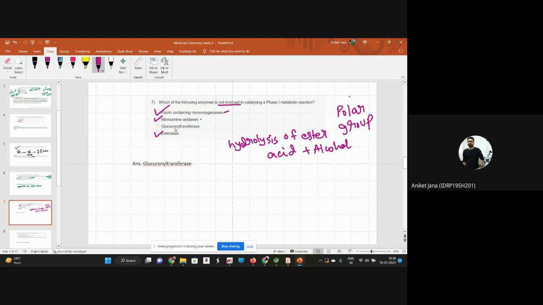Then what is the function of this enzyme? Glucuronyl transferase catalyzes the transfer or attachment of a sugar moiety to a polar functional group, producing highly polar products. This is a conjugation reaction, right?